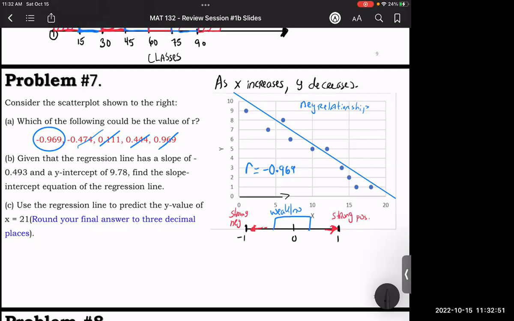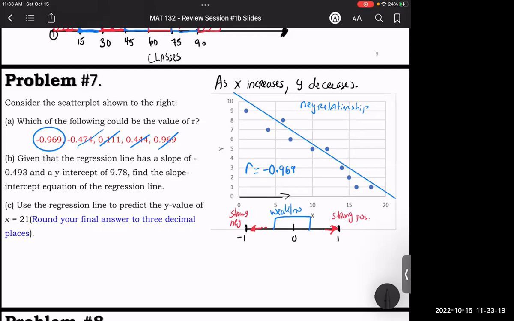So we're going to have a strong negative rather than a weak negative or no correlation. Another way of looking at it mathematically is to compare those two numbers, negative 0.969 to negative 0.474. Which one's closer to negative 1? Well, it has to be the negative 0.969. Got it.